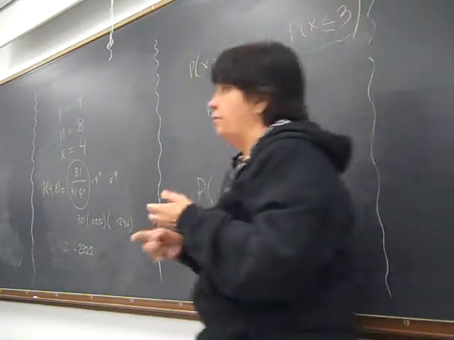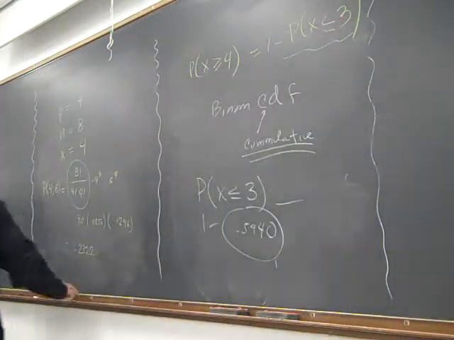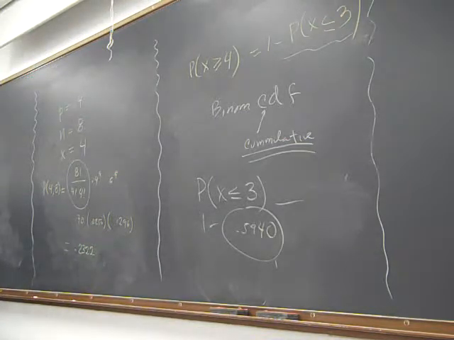Okay, and it's everything in your cheat sheet. And the mean is pretty simple and pretty easy: np, and the variance is npq. So basically, any questions?